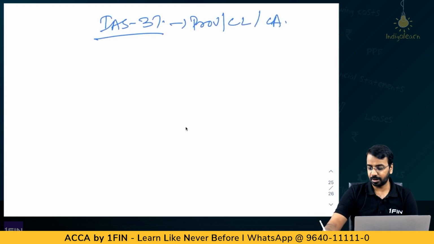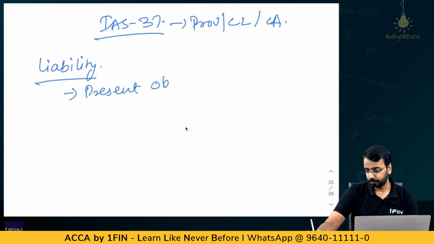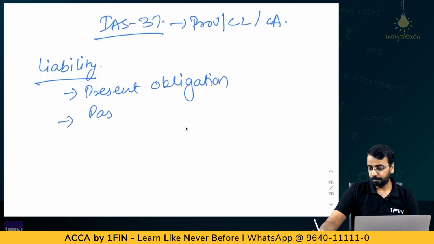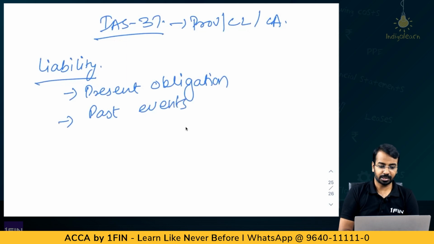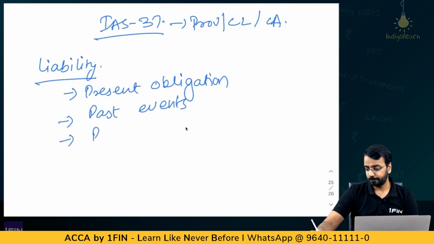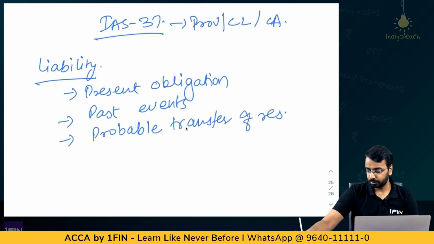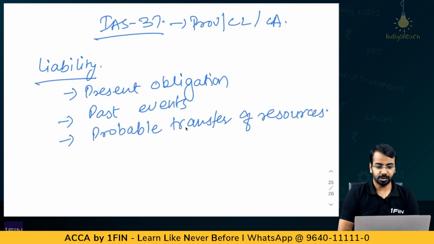Now, for that we need to understand what a liability is first. A liability is a present obligation arising out of past events, and there is a probable transfer of resources.